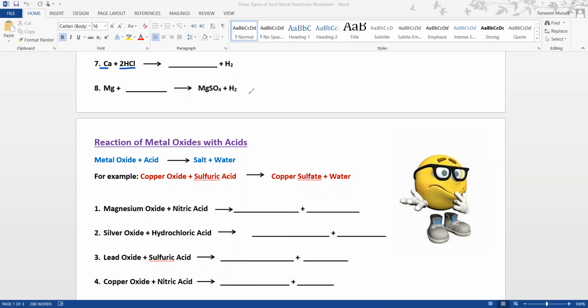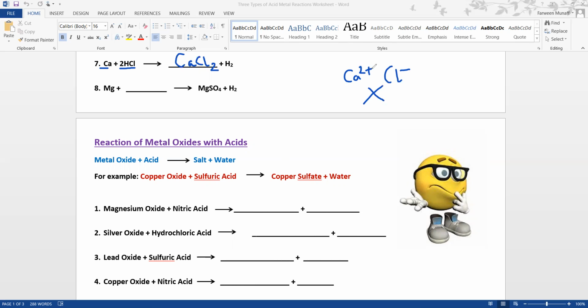Everyone is saying calcium chloride, which is correct. Be careful with how you write that. Calcium chloride is actually represented as CaCl2, not CaCl, because when we're writing chemical equations, we always have to understand that the valencies influence the final symbol.